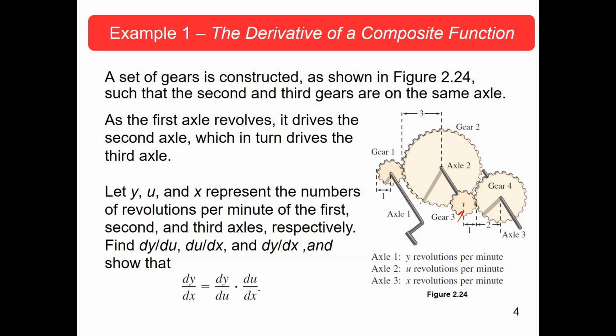So first thing we want to talk about is the fact that gear 1 has a radius of 1, gear 2 has a radius of 3, and gear 3 has a 1, and gear 4 has a 2. So all of these are going to come into play because the radius being different means that the circumference is different, right?